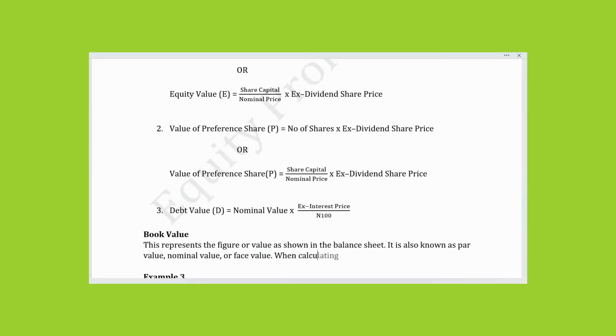When you're calculating WACC using the book value method, ordinary share capital plus reserves must be added together to form the proportion of equity.